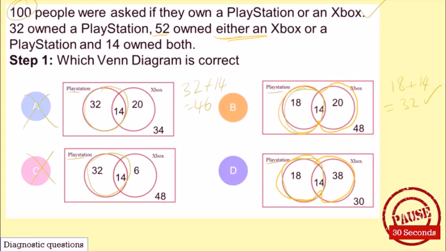So 18 plus 14 plus 20 comes to 52. But 18 add 14 add 38 is more than 52. And the last check is 14 people owned both a PlayStation and Xbox. That's the number in the middle. So the correct answer there was B.